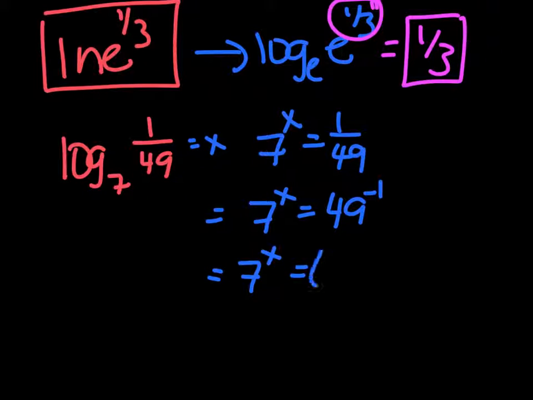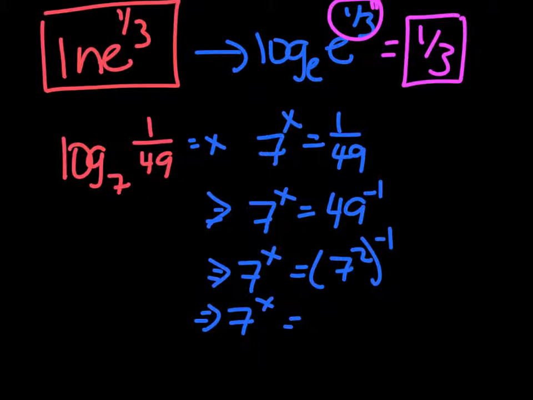Then I can change the 49 to 7 squared. And that's 7 to the -2. And once those bases are the same, my x equals -2.